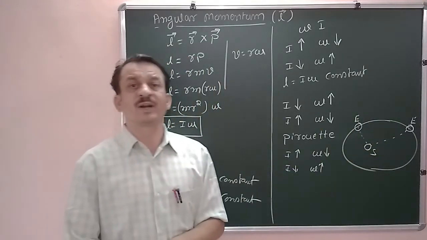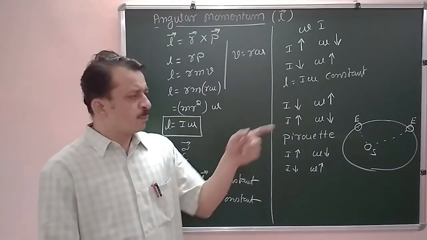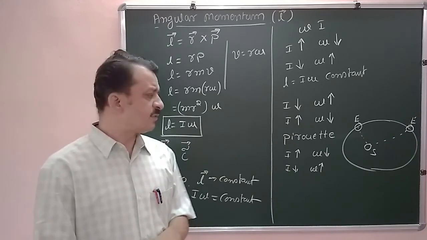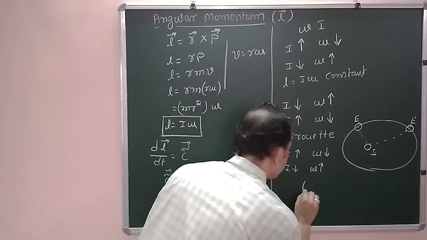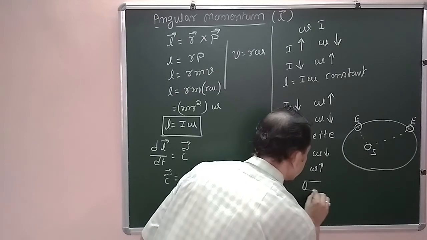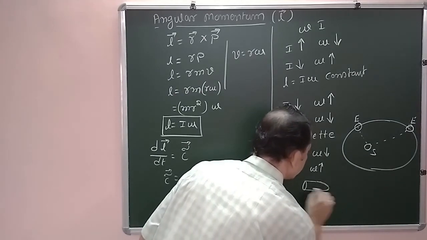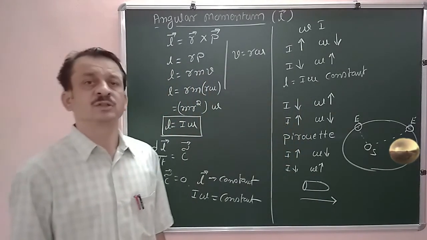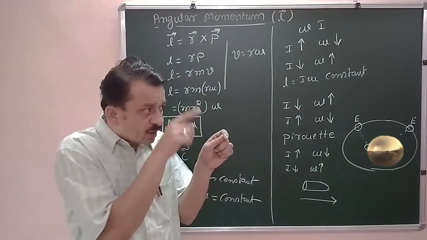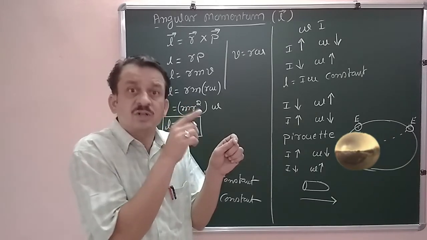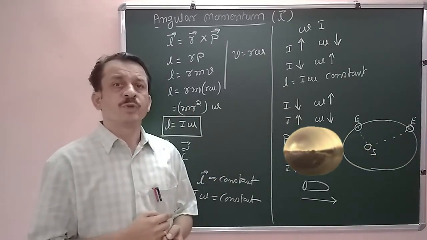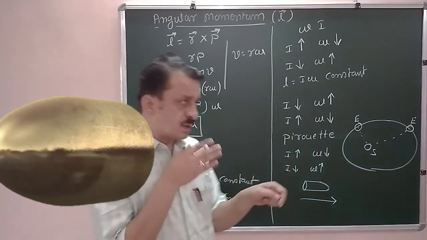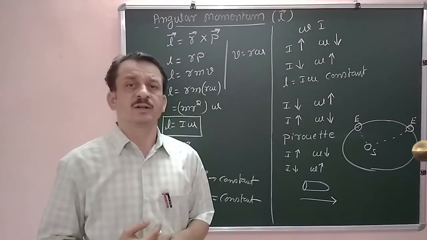And one more example you might have seen: a bullet is fired from a gun. As and when the bullet starts moving, it is not only having linear motion. That bullet also makes rotational motion. This rotational motion of the bullet maintains the particular direction of the bullet.